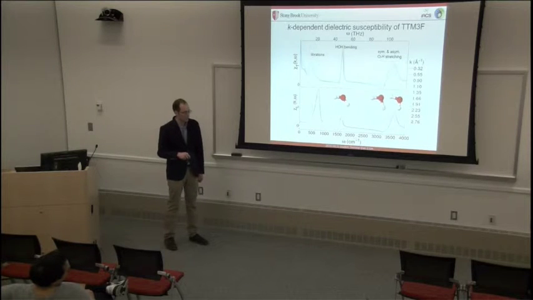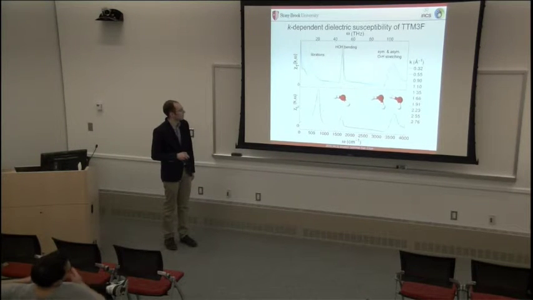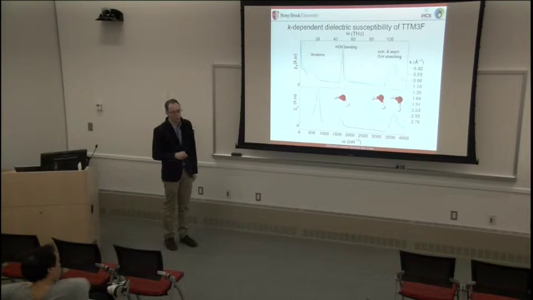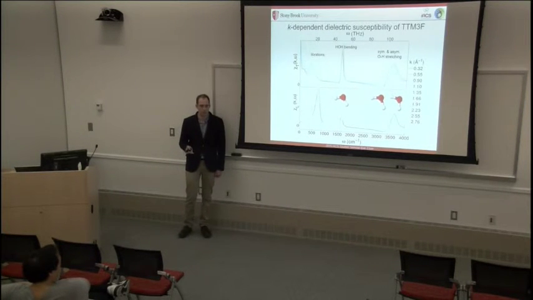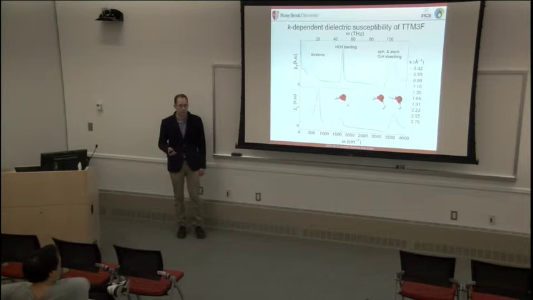And the important thing here is that in the longitudinal susceptibility, especially, you see that the peak shifts a lot with K. And that shifting of the peak is called dispersion, and that's a signature of a propagating mode.